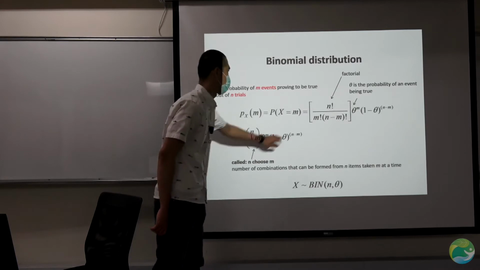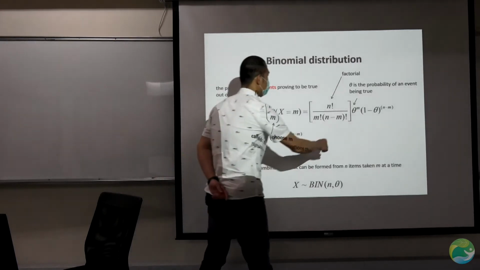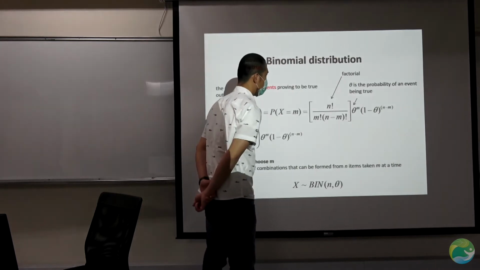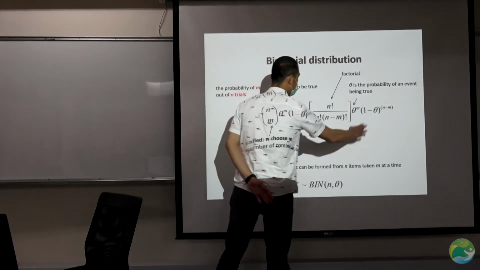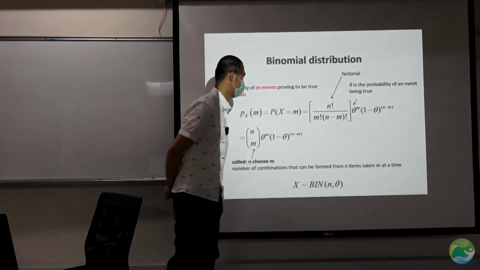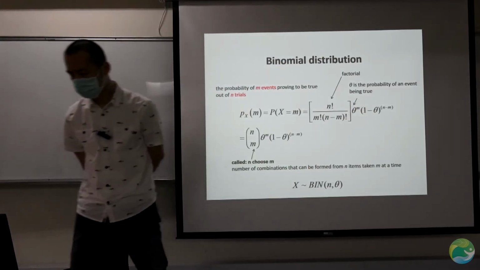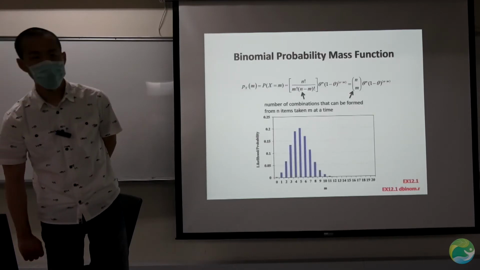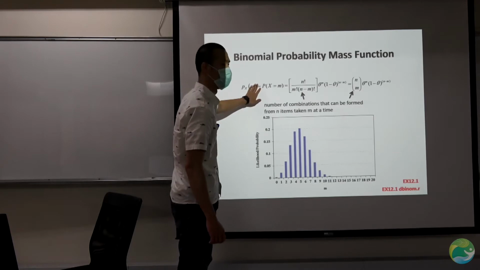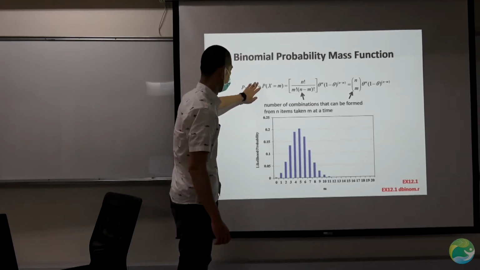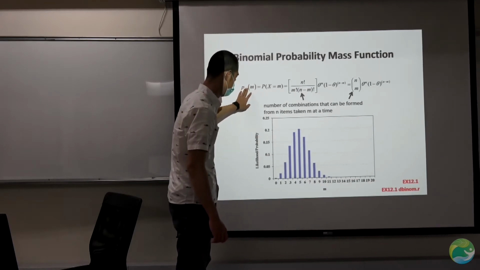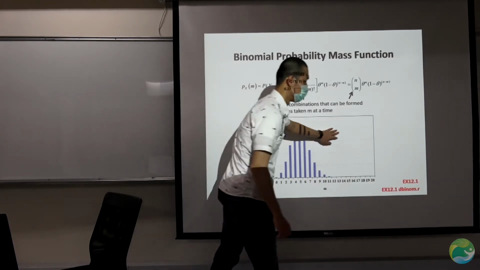So here tells you the combination, and here tells you the probability of success and probability of fail, and how many times for each. How many times for each, okay? If we put this into real numbers, then we can get the value. If we plot the value, we can have this graph, okay?